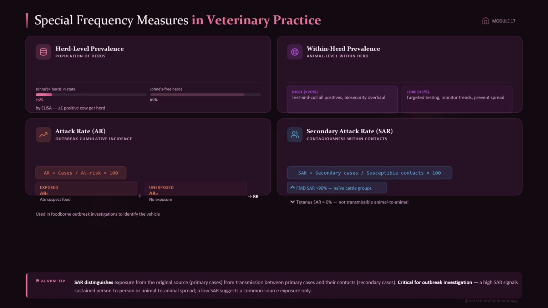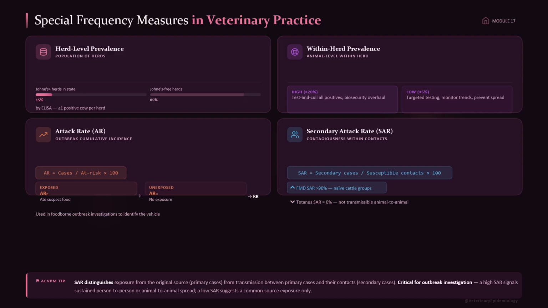A region can have low herd level prevalence, only a few herds affected, but very high within herd prevalence inside those few herds. Different lenses, different decisions. For eradication, you care how far it's spread across herds. For production medicine, you care how heavy it is within a herd. Same prevalence formula, you just redefine the unit.